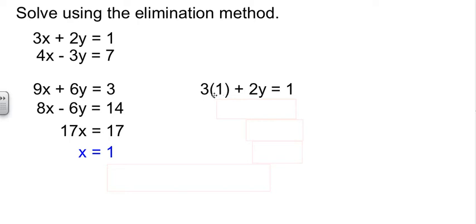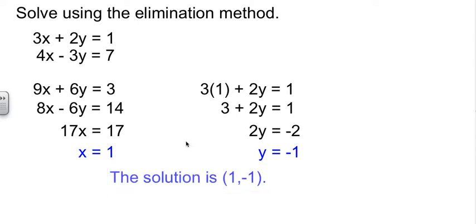X is 1, so 3 times 1 plus 2y equals 1. 3 times 1 is 3. Subtract the 3 and then divide. And as before, we're going to name our solution as a point. 1, -1. Just like we did with graphing, just like we did with substitution, we're looking for a point. We're just not necessarily graphing it, but we're still looking for a point.